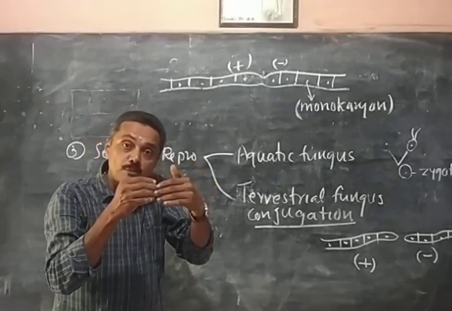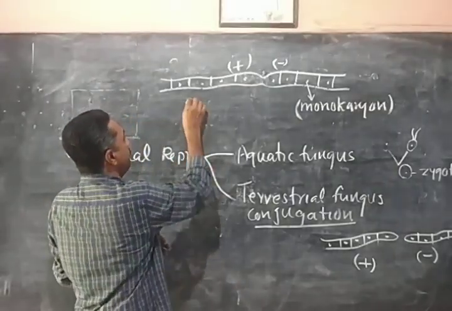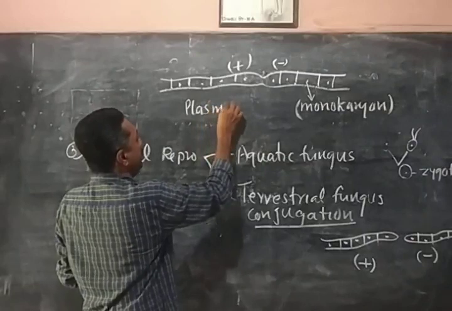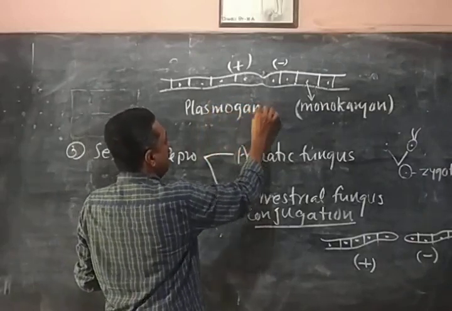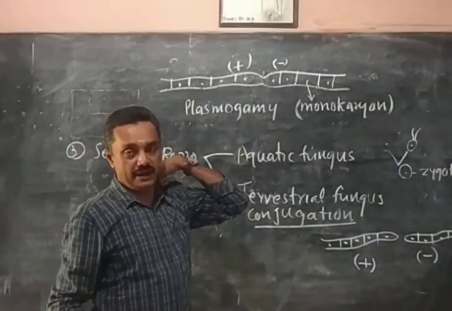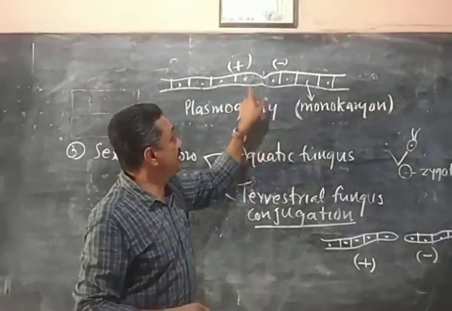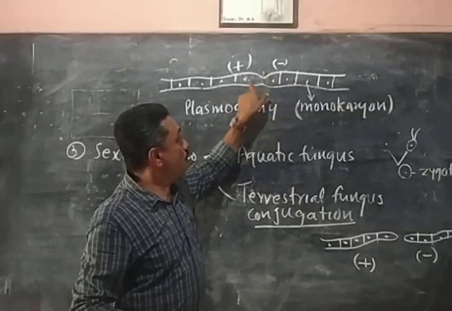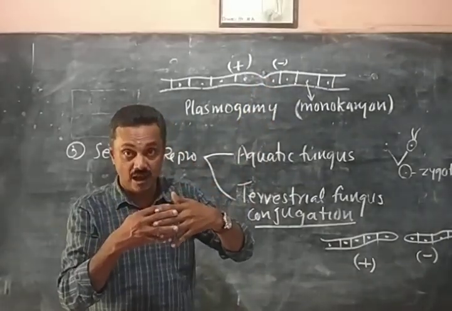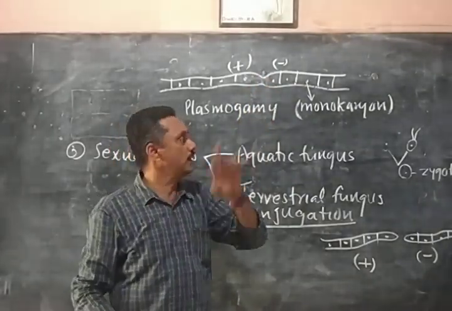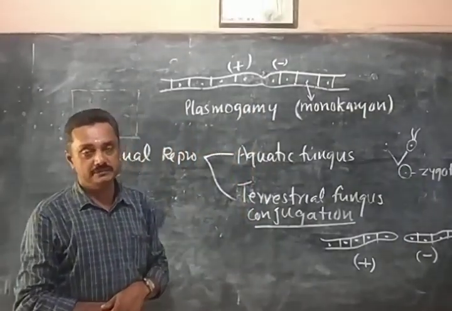Mixing of cytoplasm or protoplasm is called plasmogamy. First of all, mixing of the protoplasm. Protoplasm is a jelly-like material. So the protoplasm of two cells will mix together. Mixing of protoplasm is called plasmogamy.